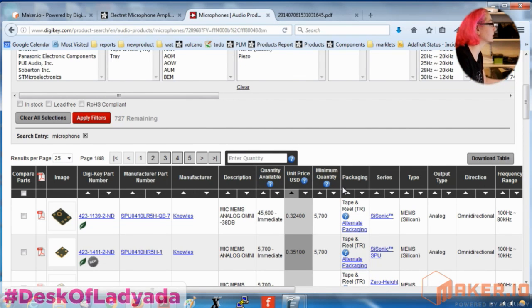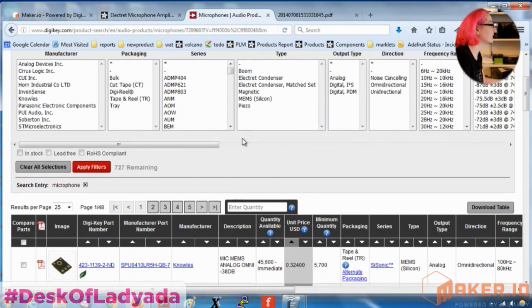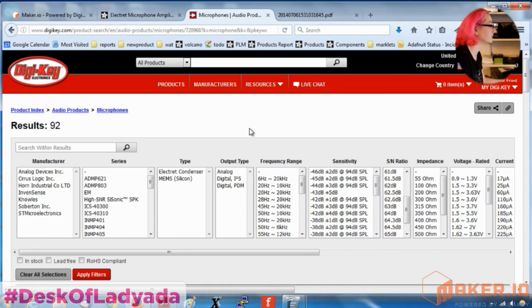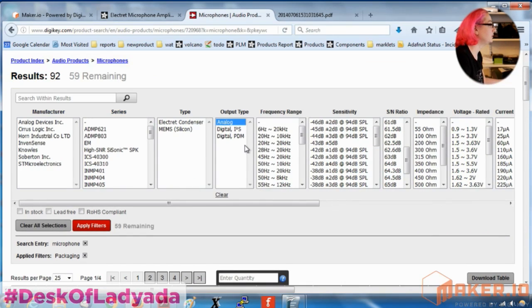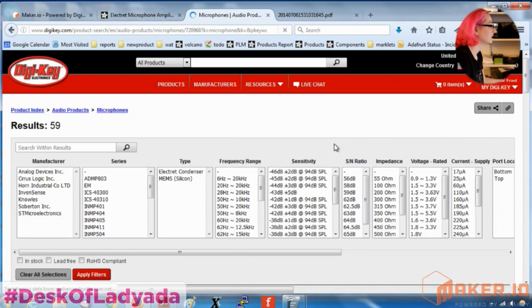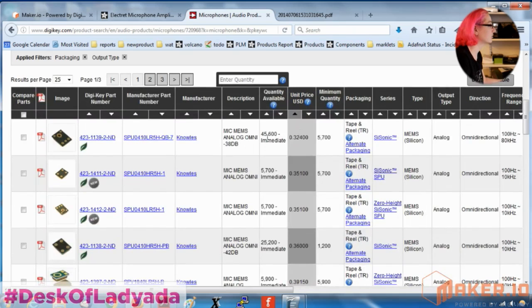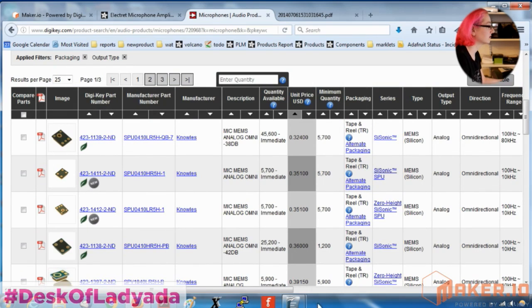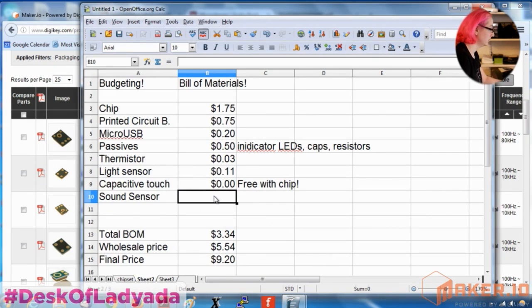I was like, well, let's go with a MEMS microphone, and let's look only at tape and reel available ones because I only want them available in reel. I don't want it to be PDM, I'd prefer an analog one, and then you can look at the pricing. It looks like you can get them for about 35 cents. So it's a little pricey, but not too bad.